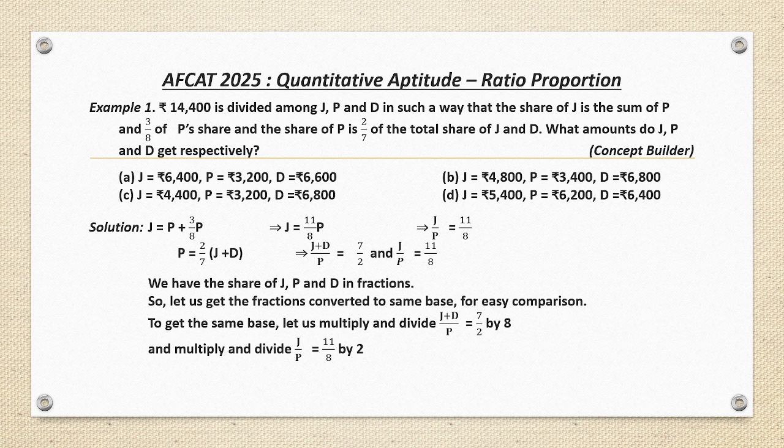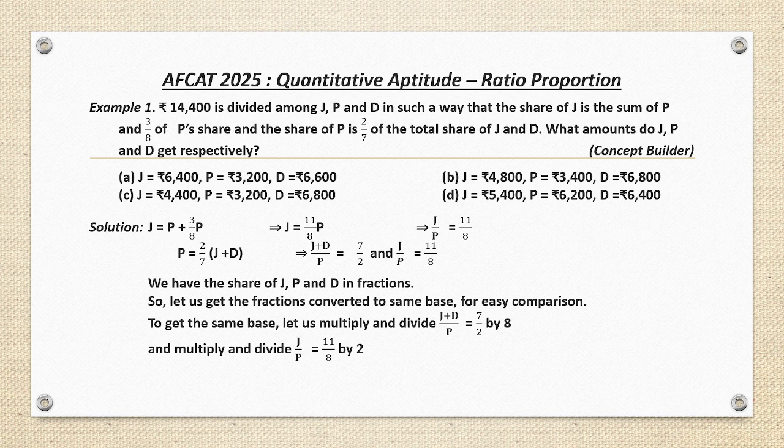Now, if the denominator were same in both the ratios, then we can easily compare them. So, to make the denominators same, you observe in one fraction it is 8 and in the second fraction it is 2.